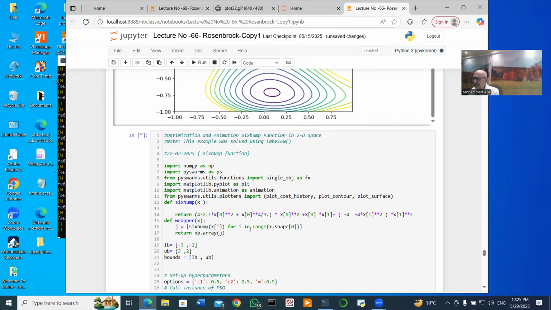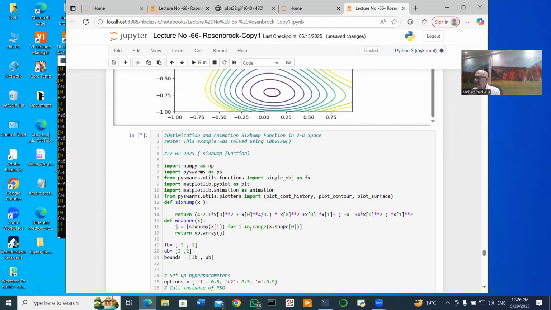As I have told you before, Pyswarms has a specific function where it uses the 2 column array and creates from the Pyswarms position array a third array which represents Z. Of course, how this is done, they don't show you how it is done.